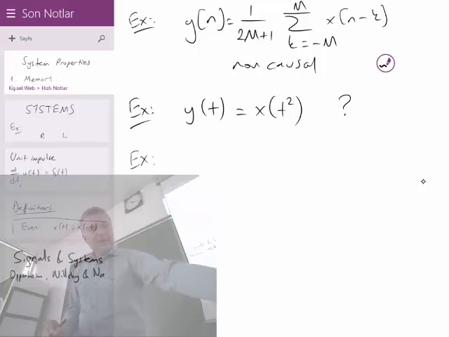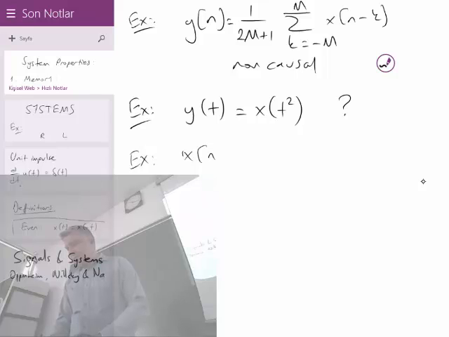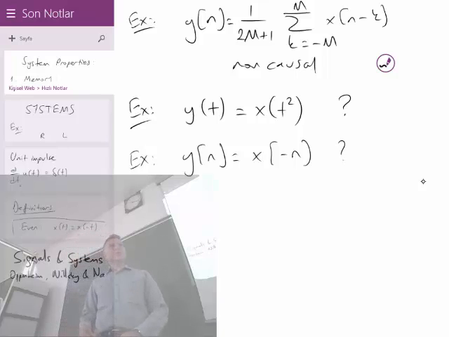I will give you some further examples, and I will leave all of them unsolved. y of n is equal to x of minus n. Is it causal or not? Probably you'll immediately have an idea about that, and probably it's correct, but you should do it by yourself.